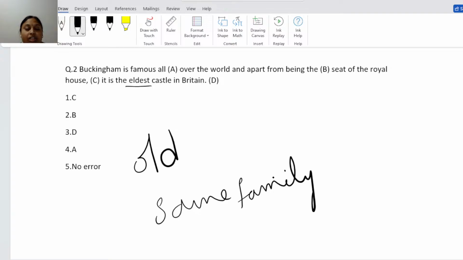So in that case, the error is in that option. We are supposed to take oldest castle, but here eldest castle is used, which is not related to a family. So we are supposed to take oldest.